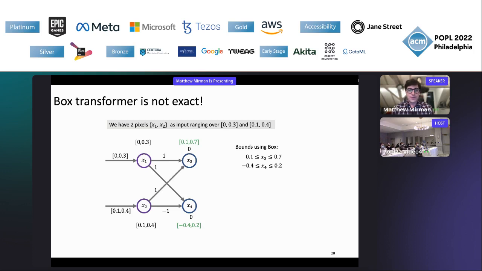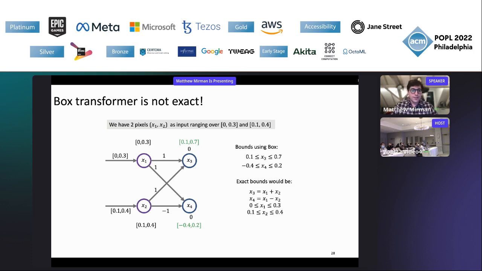We then compute x3 as the sum of x1 and x2. We compute x4 as x1 minus x2. And using interval arithmetic as defined on the previous slide, we would get that the output of x3 ranges from 0.1 to 0.7, and the output of x4 ranges from -0.4 to 0.2.